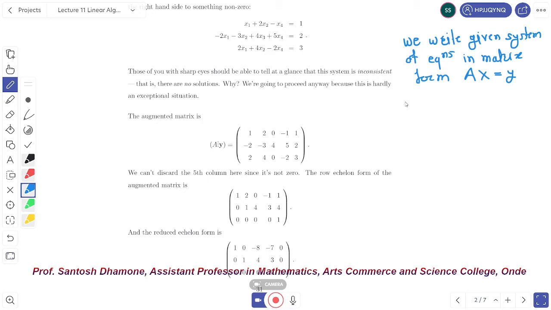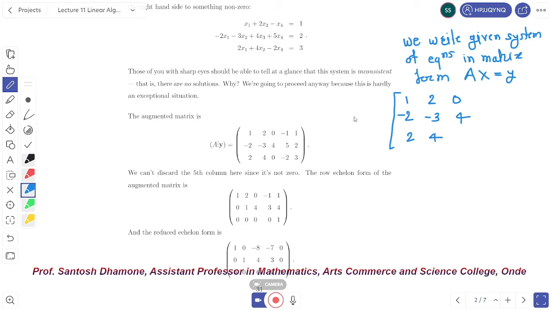The second column is the coefficients of x2: 2, minus 3, 4. The third column is the coefficients of x3. In the first equation there is no x3, therefore its coefficient is 0. In the second equation the coefficient of x3 is 4, and in the third equation there is no x3 term, therefore its coefficient is 0. The coefficients of x4 are minus 1, 5, minus 2.